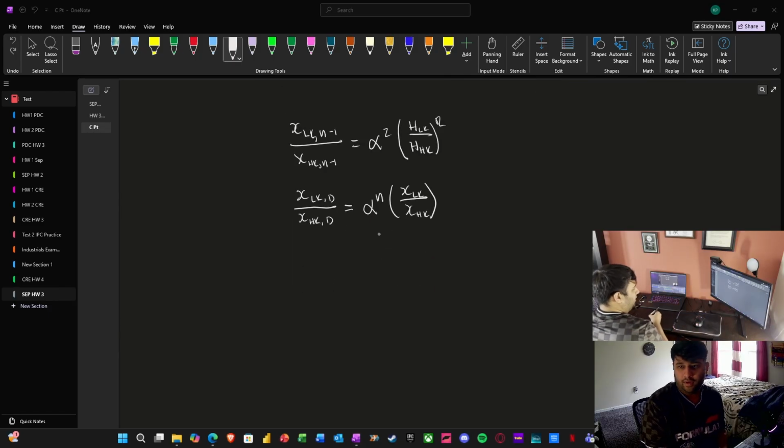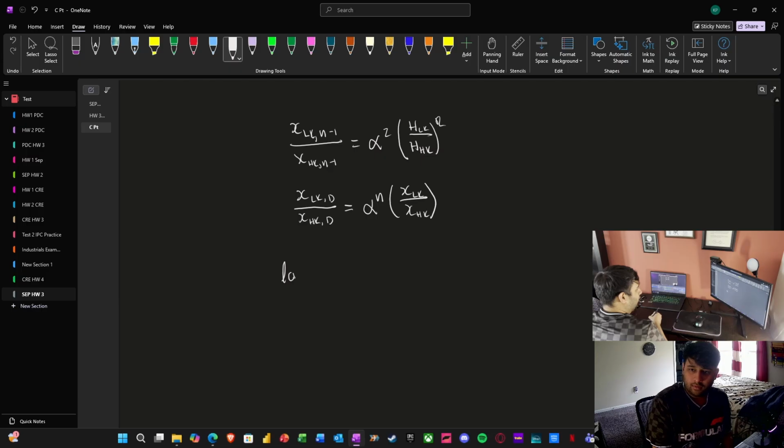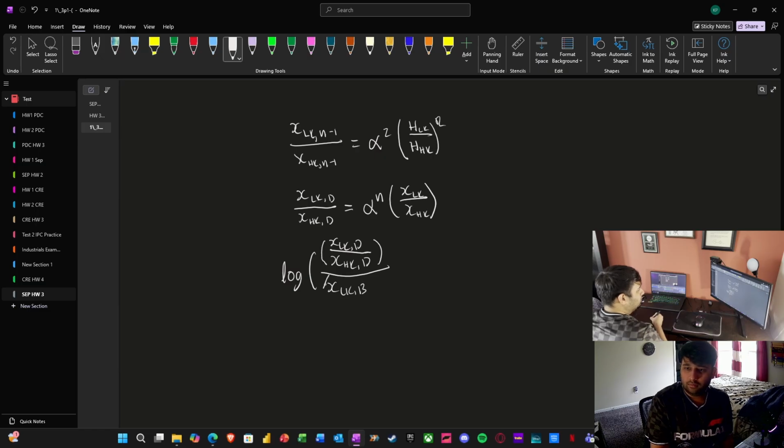Okay, so now what we're going to do is take the log of our light key for the distillate and our heavy key for the distillate over our light key of the bottoms over our heavy key of the bottoms.